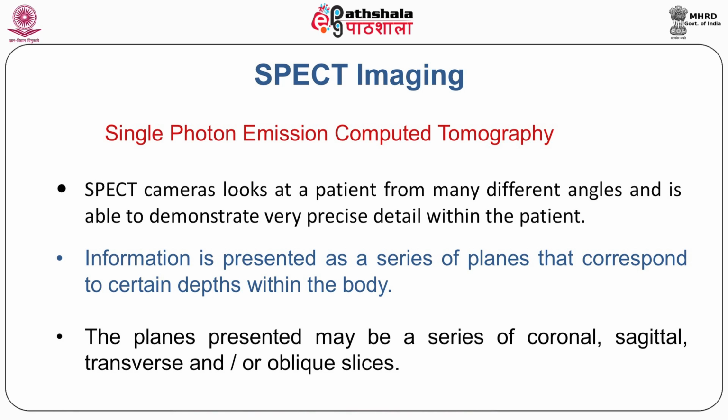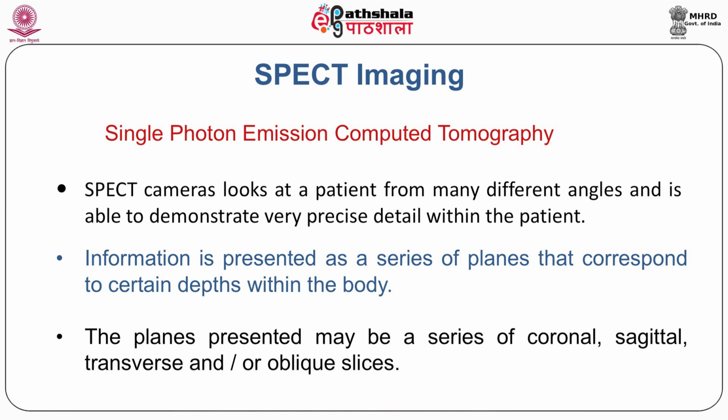When it is being emitted and the camera rotates all around the patient, it creates different tomograms, different slices, as you can take an apple and cut it into different slices. So you can cut the organ into different slices when the camera rotates all around the body and captures the photons emitted by that particular organ.